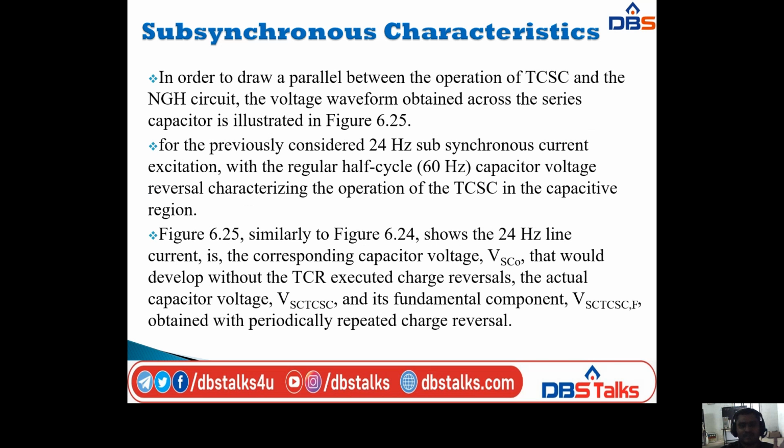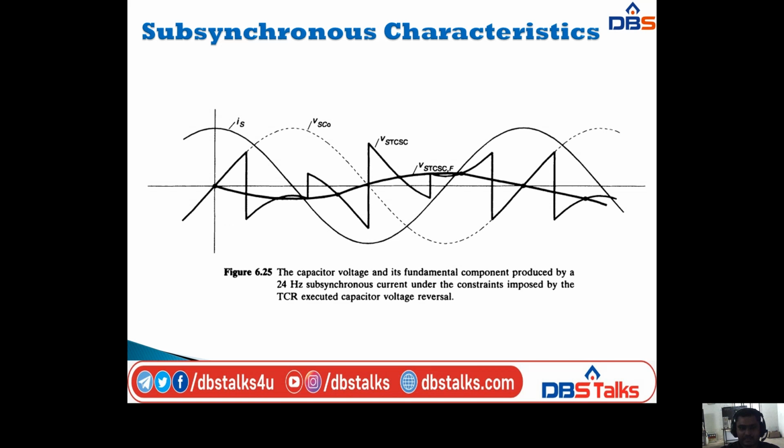Next, in order to draw the parallel between the operation of the TCSC and the NGH circuit, the voltage waveform obtained across the series capacitor is illustrated in this diagram. This is a diagrammatic representation of the capacitor voltage and its fundamental component.